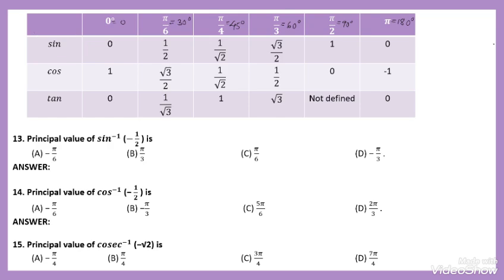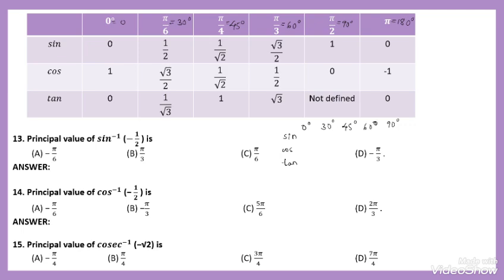First, the angles are always taken in ascending order, that is 0 degree, 30 degree, 45 degree, 60 degree and 90 degree. First we take the sine function, cos function and tan function.